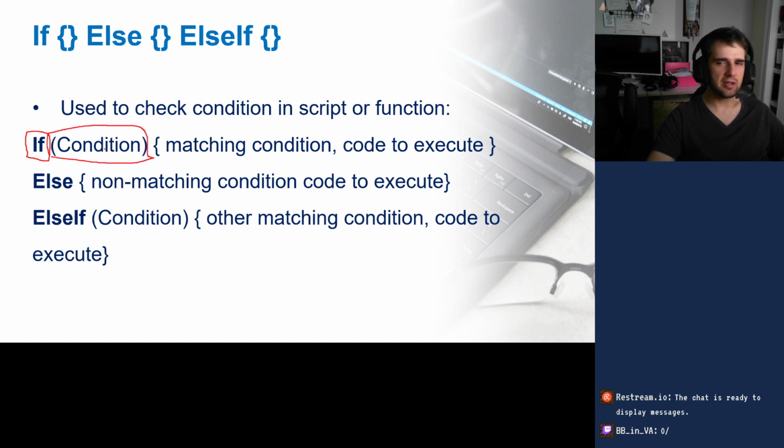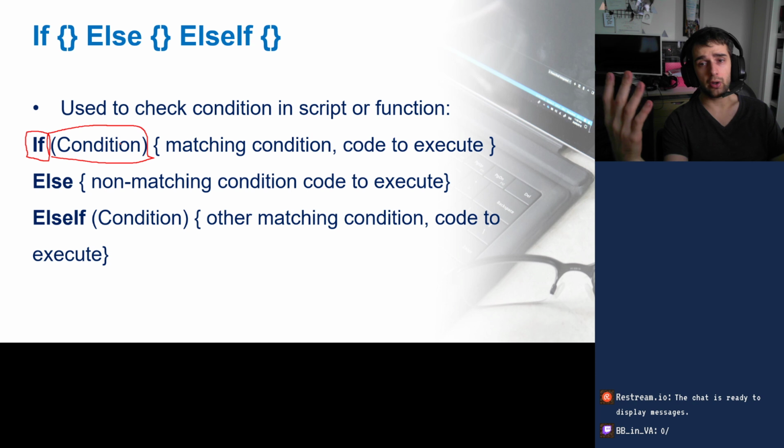So our condition is basically any sort of conditional operators. We can use equals, we can use not equals, we can use contains, any of those equality operators. Now the cool thing about it is that when we're using them, we can build quite complex if statements.